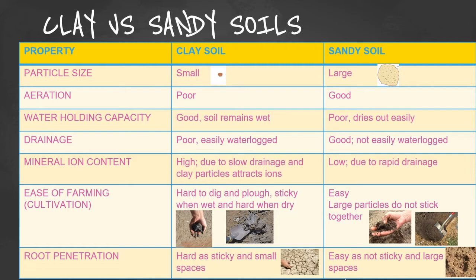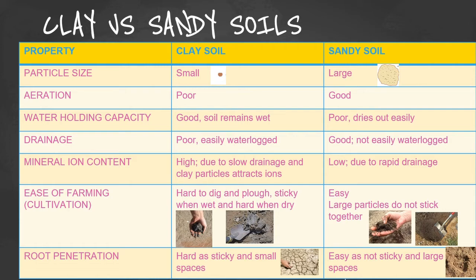The soil is able to remain wet due to the small spaces and the larger amount of water being held by capillarity. The opposite is for sandy soil. It's pretty poor in its water holding capacity and it dries out pretty easily, and that's because it has large spaces.